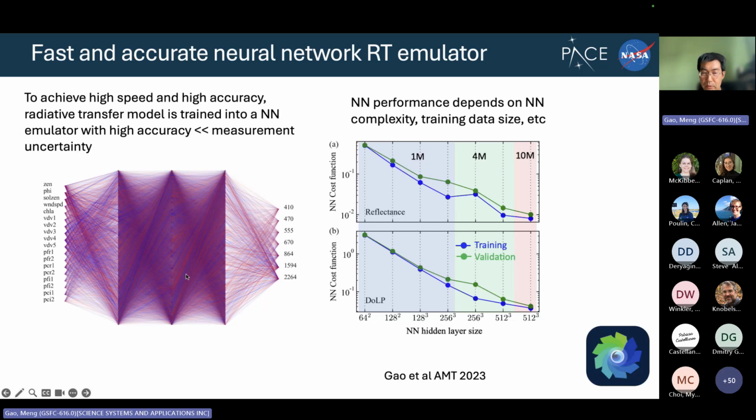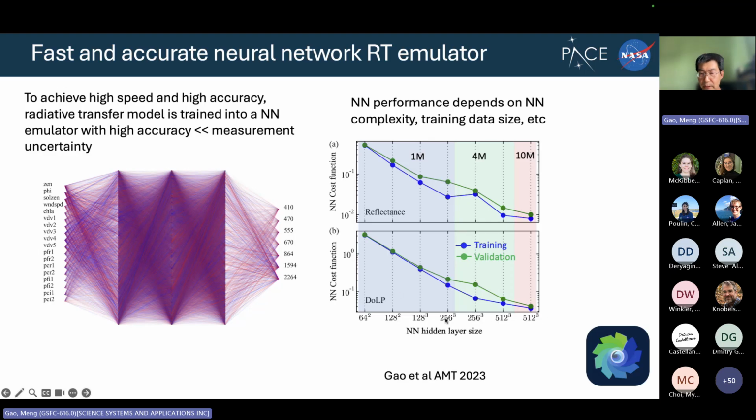And we also try to optimize the structure of the neural net to get maximum performance in terms of accuracy and speed. On the right plot, I'm just showing you the complexity of the neural net on the y-axis, from like 64 nodes with 2 layers to like 500 nodes, 3 layers. And on the vertical, I'm showing you the accuracy compared to the measurement uncertainty.